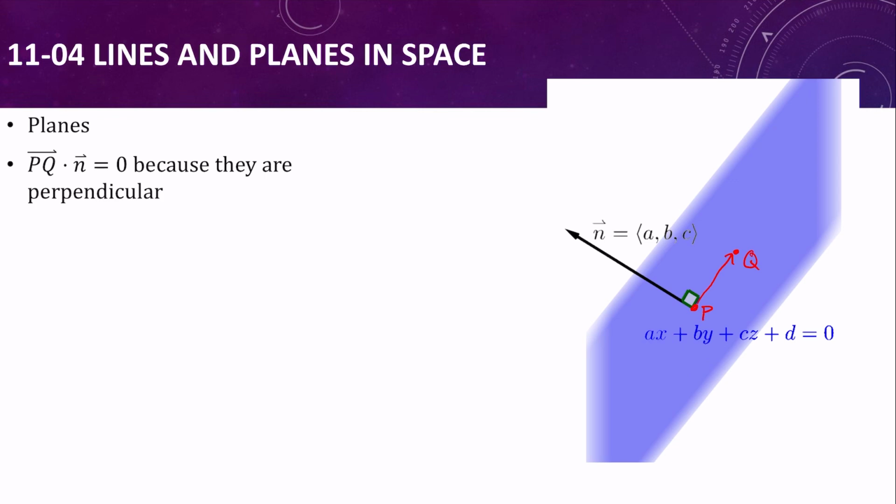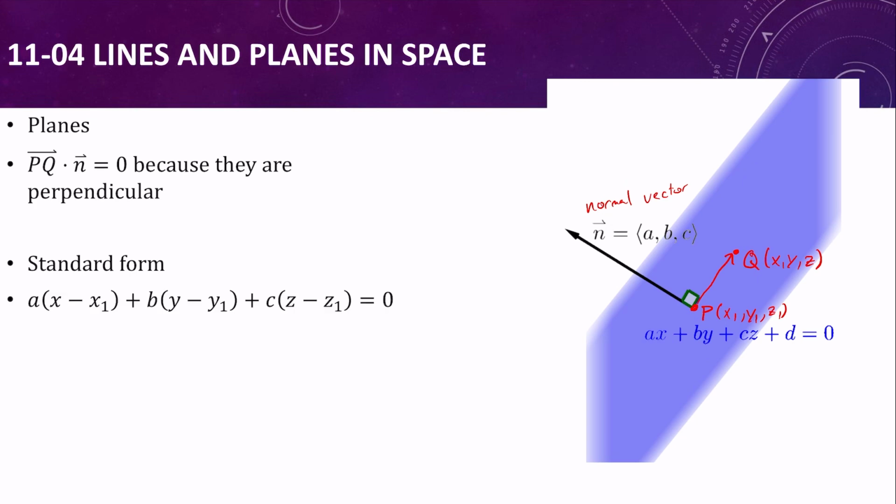Point P can be x1, y1, z1. Point Q can be x, y, z. They're perpendicular. N is called the normal vector to the plane because it's perpendicular. In math, the word normal means perpendicular. And so if we dot product those, we end up with standard form, where it's the x times the x.